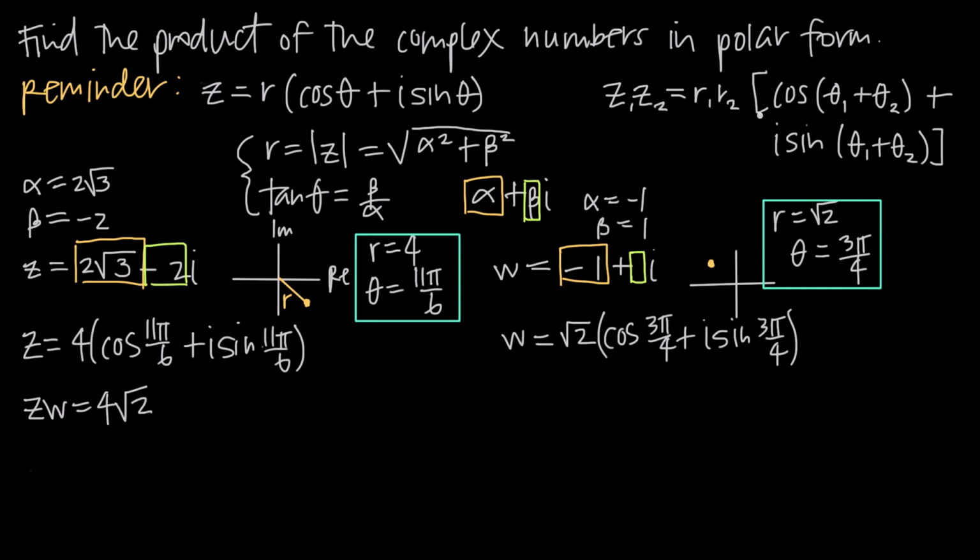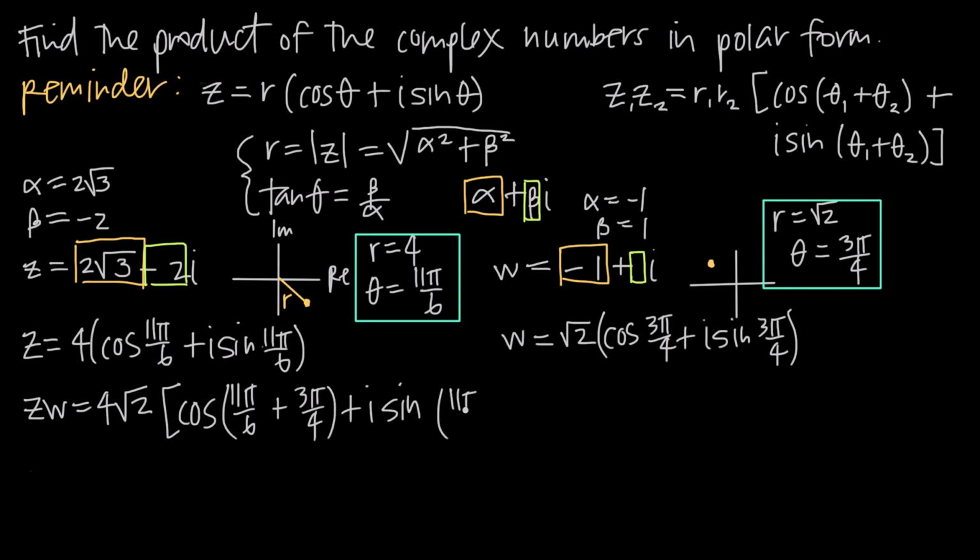Then we multiply that by cosine of theta 1 plus theta 2. So we're going to multiply by cosine of theta 1, or 11 pi over 6, plus theta 2, 3 pi over 4. Then we add to that i sine of theta 1 plus theta 2.